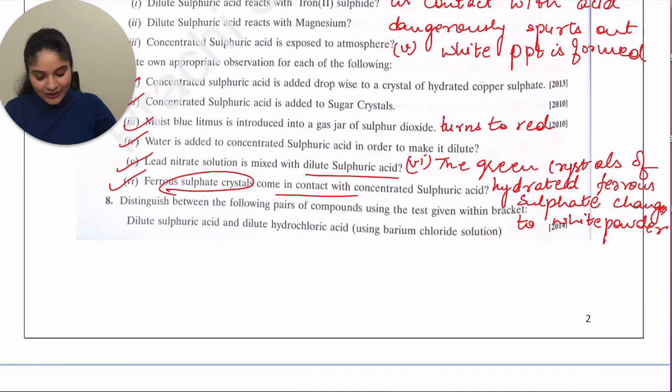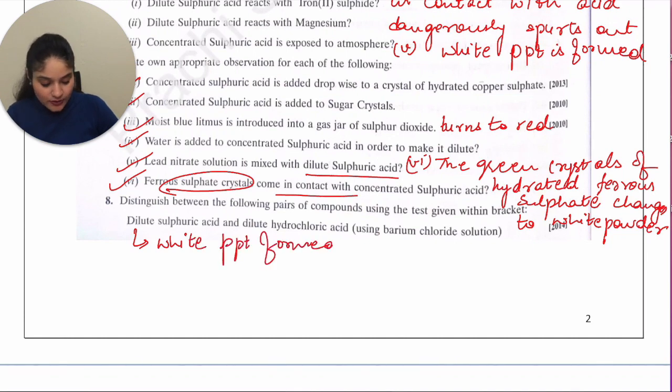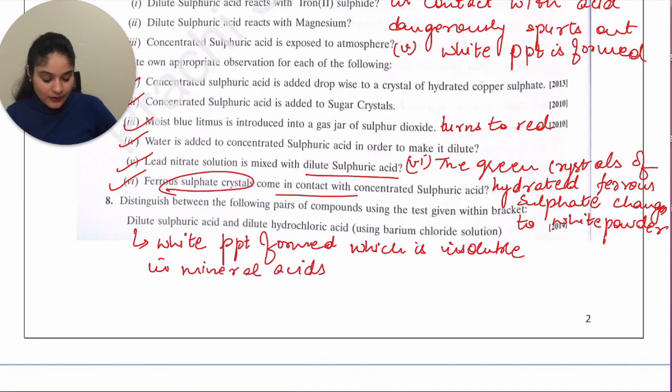Let me write that for you. For the first case, I can say white PPT formed which is insoluble in mineral acids. And for the second one, that is HCl, no reaction.